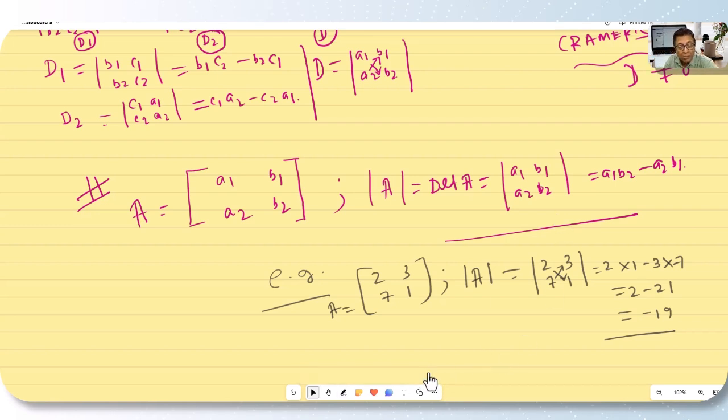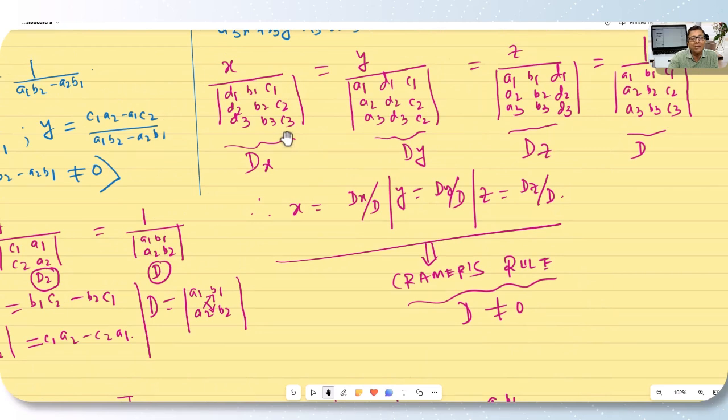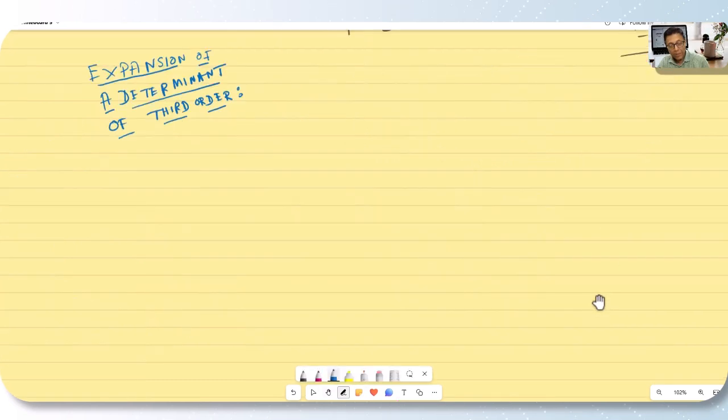But to find the value of a 3 by 3 order determinant, we need to know minors and cofactors. That I will explain step by step. When the solution of equations was done, all these values were calculated initially and then put into the form of a determinant. I am going to show you how to get the value of a 3 by 3 determinant.